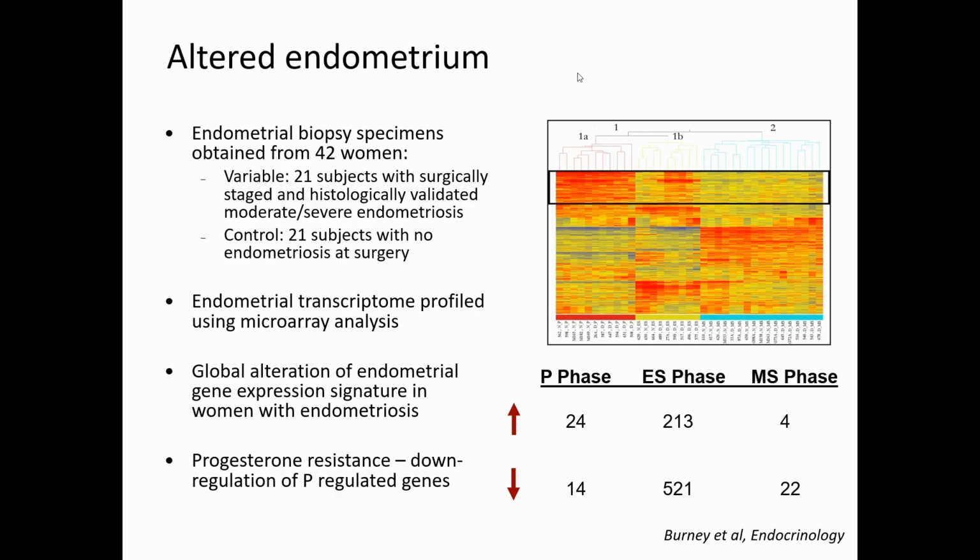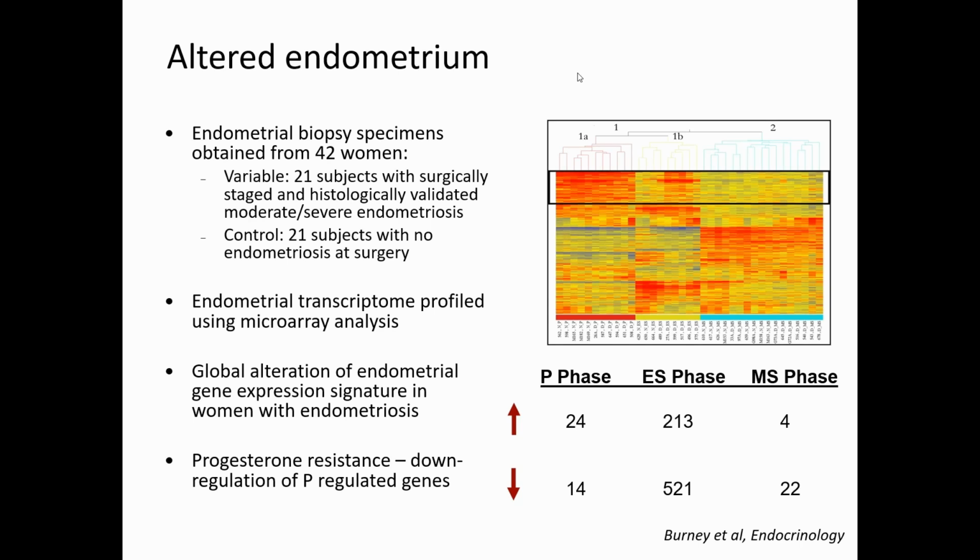The study included 21 subjects in each arm, and a whole genome microarray analysis was performed that demonstrated striking differences in gene expression signatures, particularly in the early secretory phase, which is that 3 to 4 day phase of transition from the estrogen dominant proliferative phase to the progesterone dominant secretory phase.